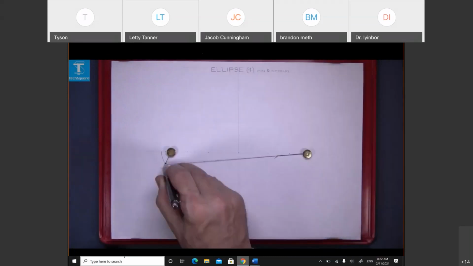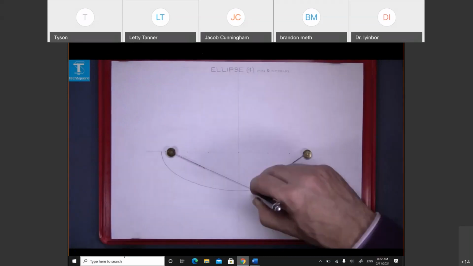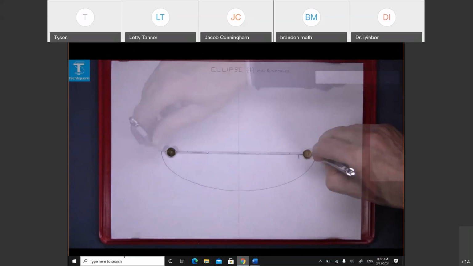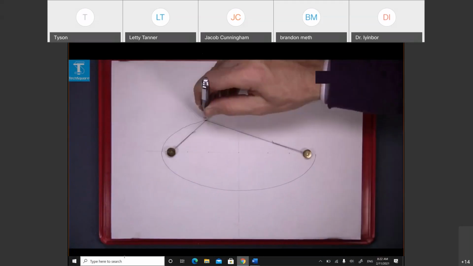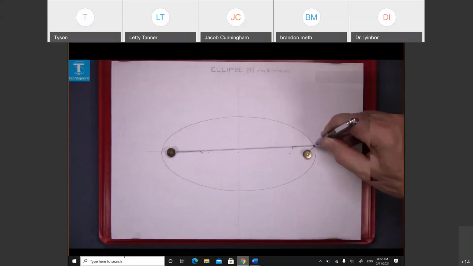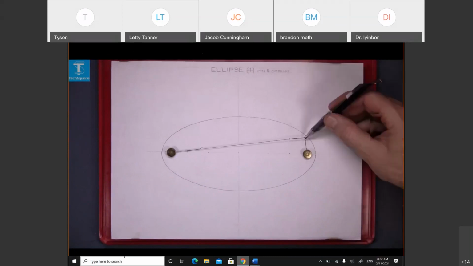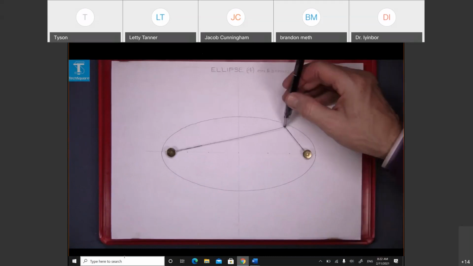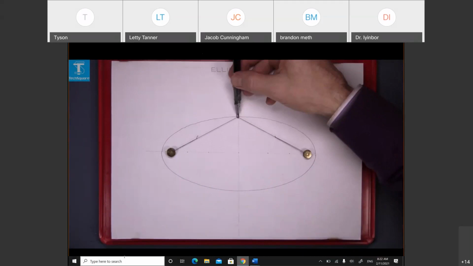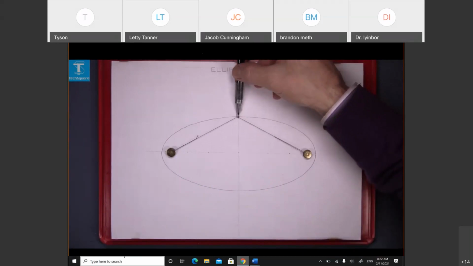I have two drawing pins pressed into the sheet and a string attached to them. To get the pins to grip, I have placed a piece of timber between the sheet of paper and the drawing board. The pins are located at the focal points of the ellipse. Start at one end of the major axis with the string taut and the pencil in contact with the paper. Draw the elliptical curve. This is a very smooth way of drawing an ellipse, but not suitable for an examination situation. The string is the length of the major axis.